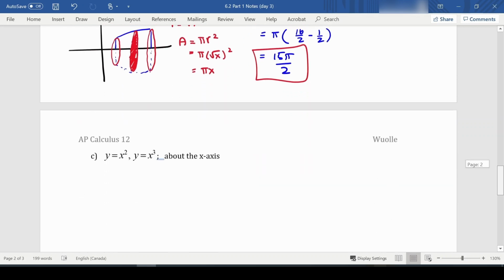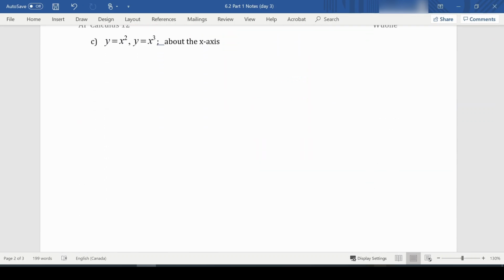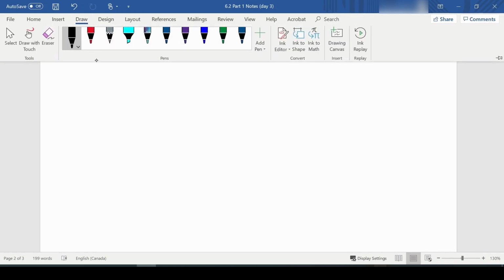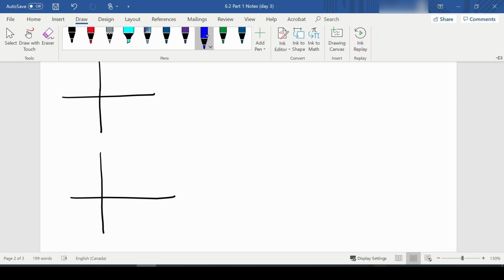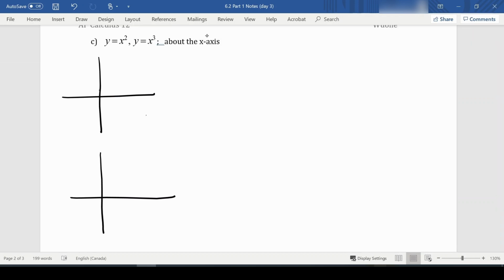All right, we are going to do one more. Again, we're going to draw the area, draw the volume, and a sample disk or washer. We have y equals x cubed, and we have y equals x squared.